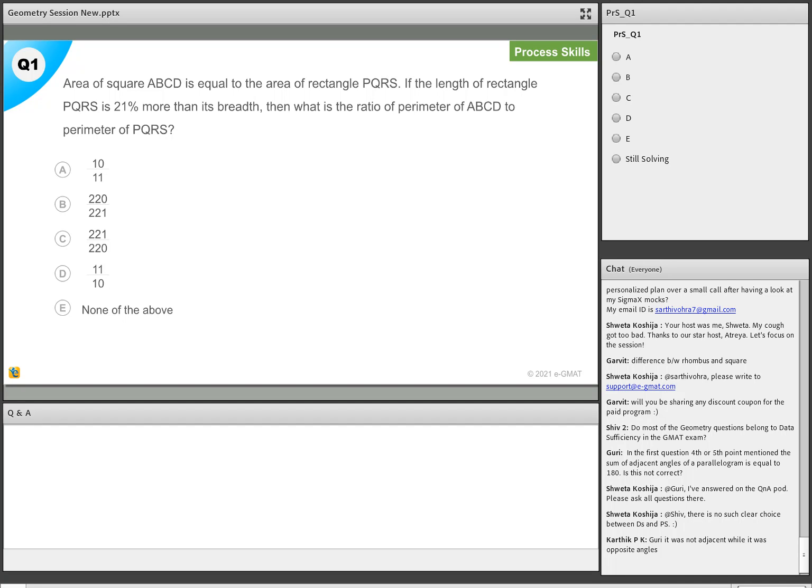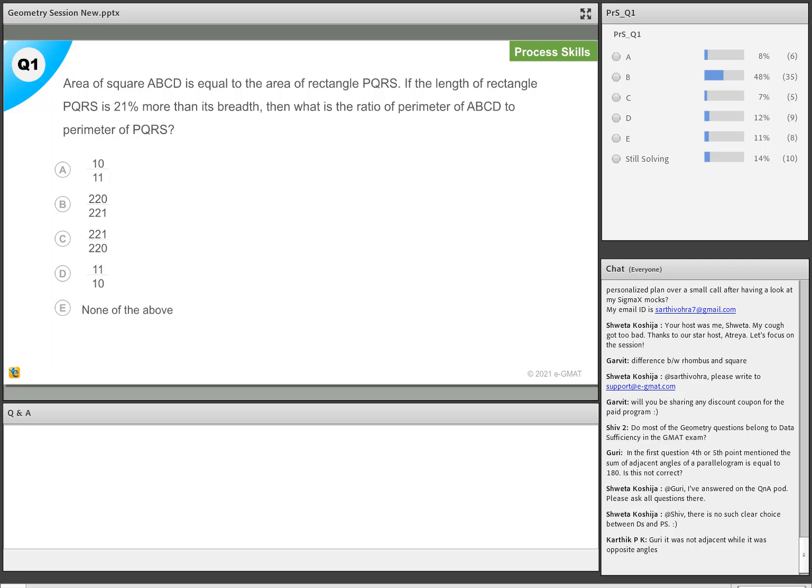Okay, now let's solve this question. I see all of you have almost answered this question, so I'm going to end the poll and broadcast the results. 48% of you tell me that the answer for this question is choice B. Okay, perfect. So let's get into the question and solve it out.